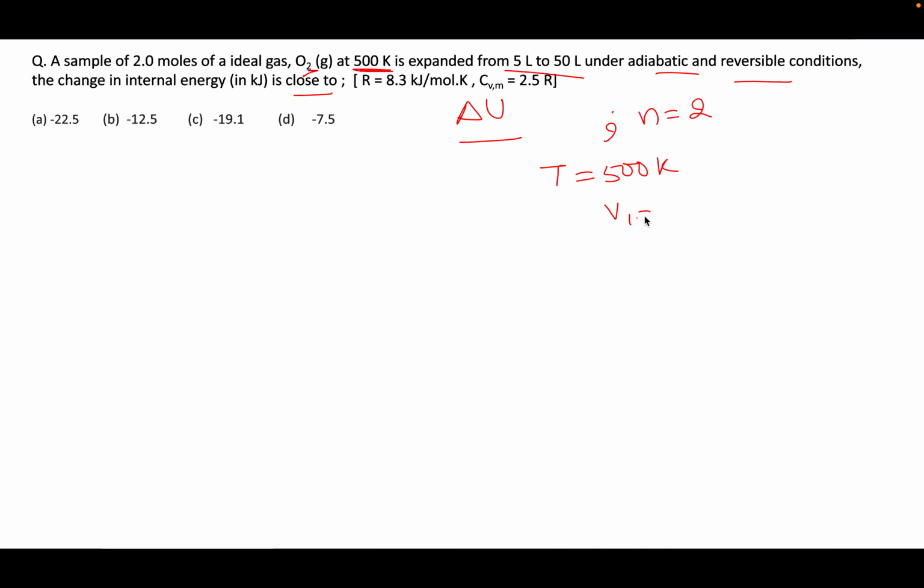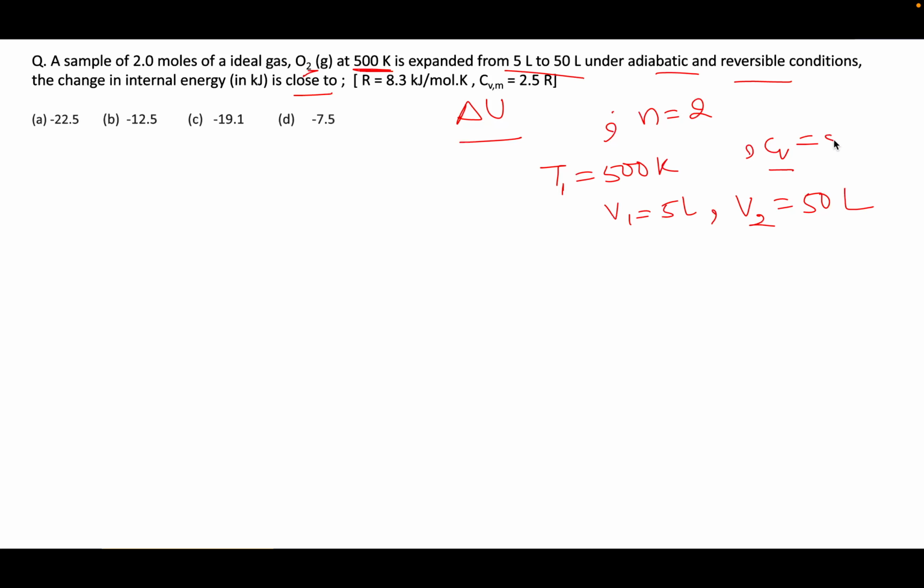Volume V1 is 5 liter and volume V2 is 50 liter. Adiabatic condition. So this is temperature T1, temperature T2 is not given. We need to calculate delta U, and CV is given.